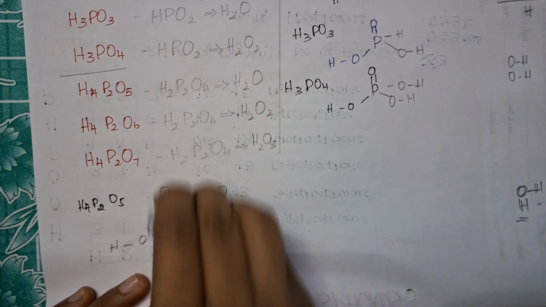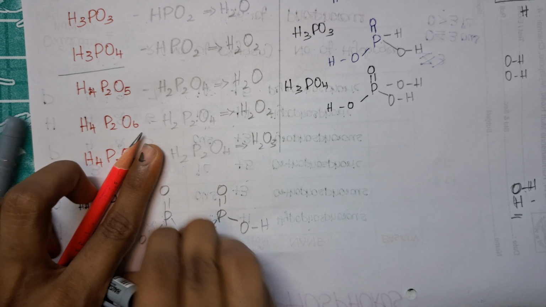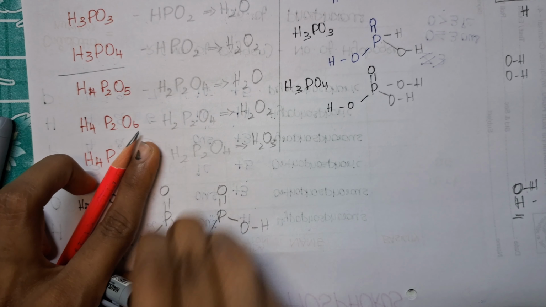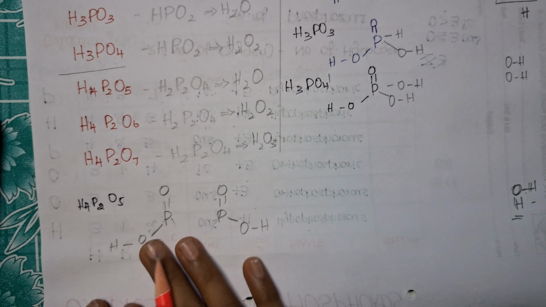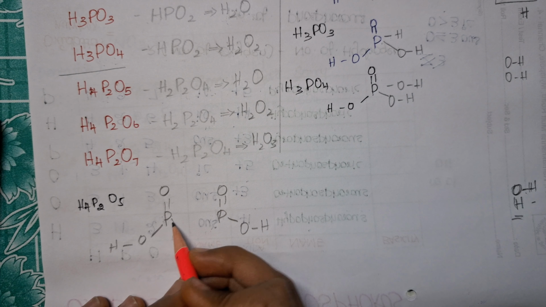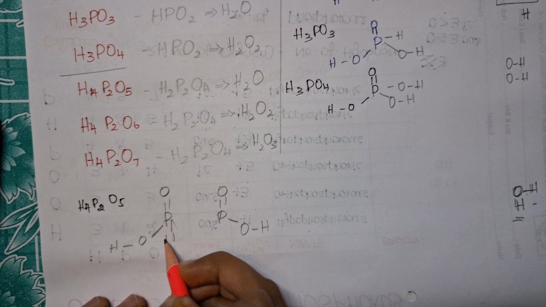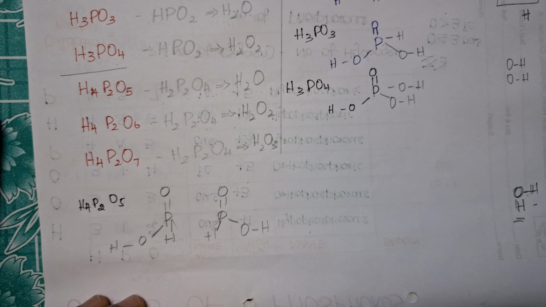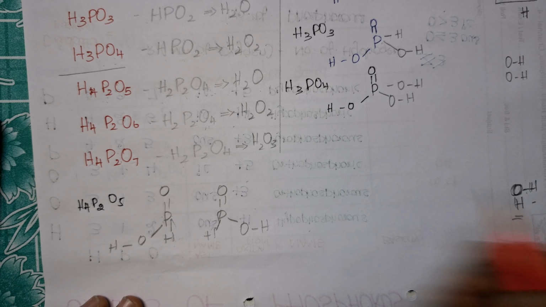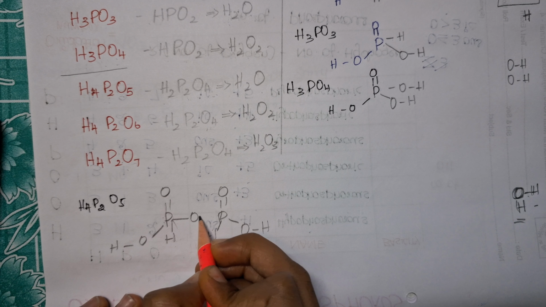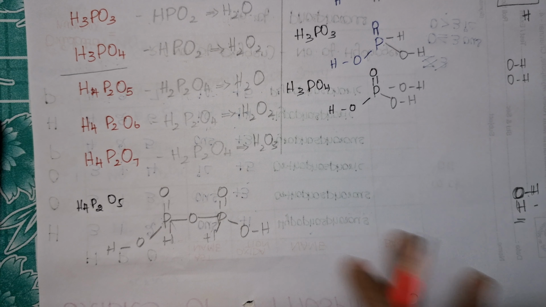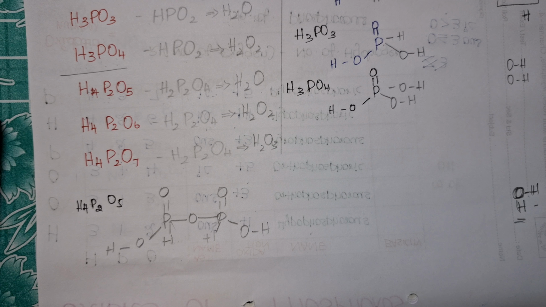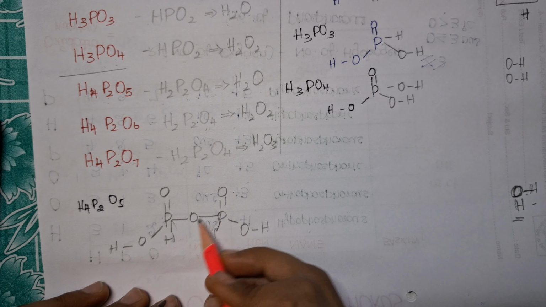Erase. Instead, what we will do, we will put the H here. 1 H I'm giving equally to both, and I'm sharing the O equally. Now it becomes equal, and we have joined the structure also. Simple terms only I'm giving, not so much chemistry terms.